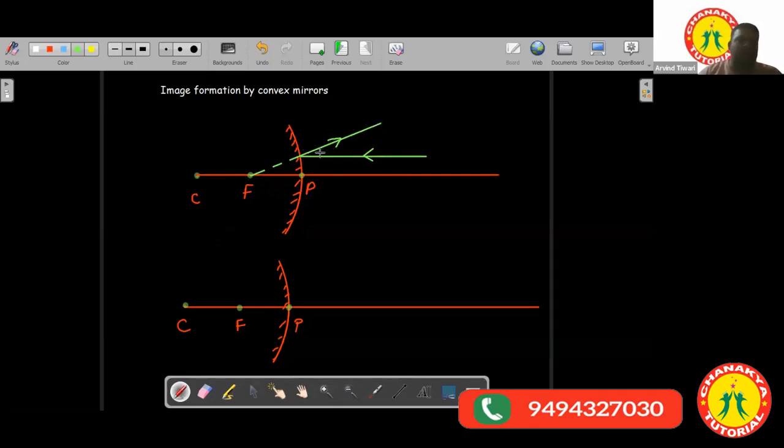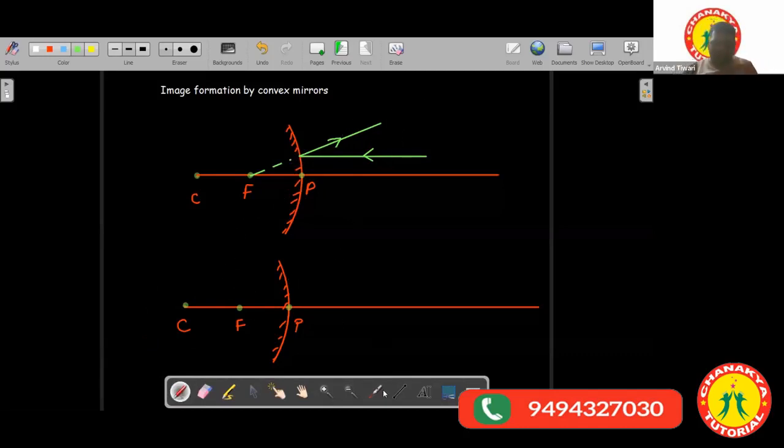So understood this point, how the ray of light is being reflected? It gets reflected in the line of focus. In the same line as the focus, it gets reflected. So here you will have your ray of light. This is how your ray of light will travel back.